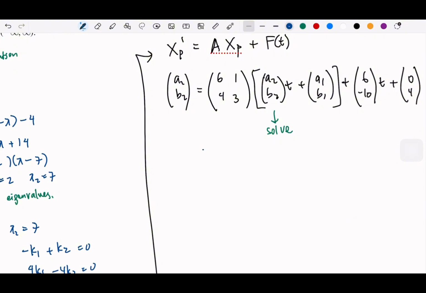So I think we'll start from here. Let me combine, I will split, become t.